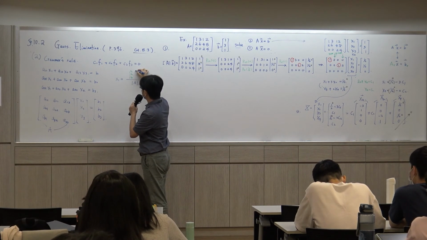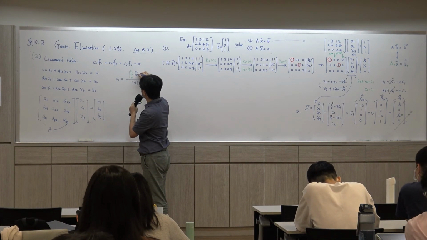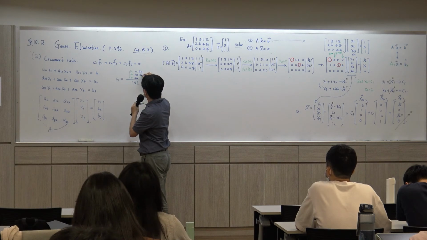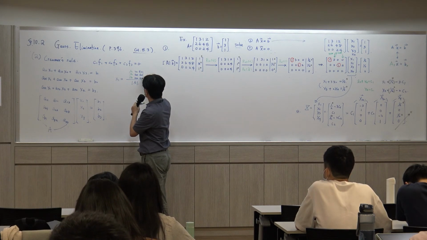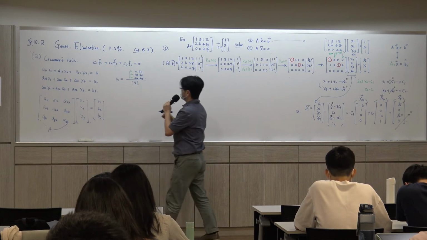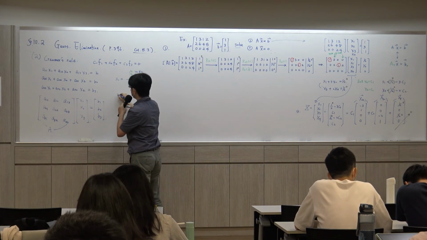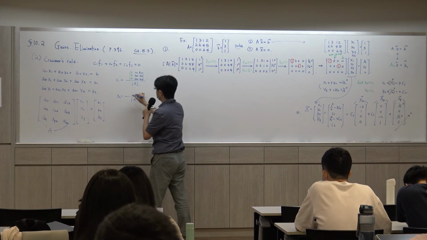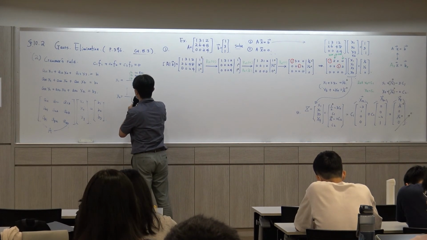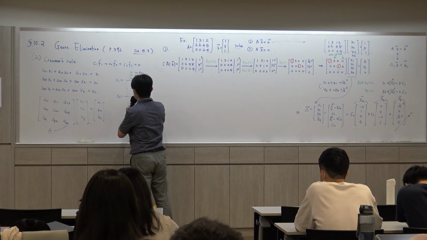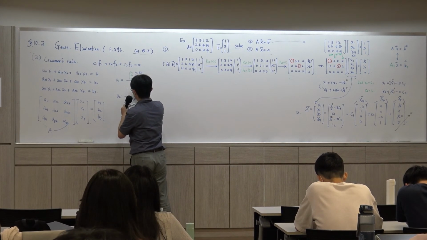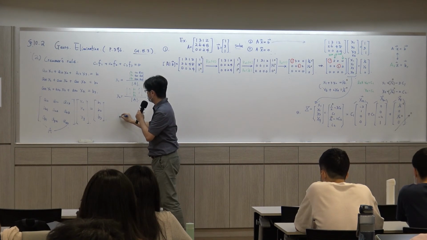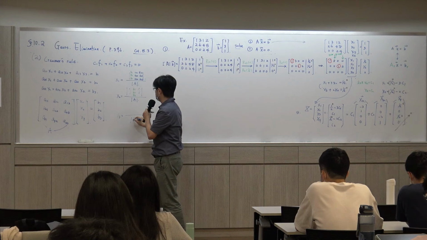So the second column will be like this. And x2 equals to this. The only difference is that, and x3 equals to this.